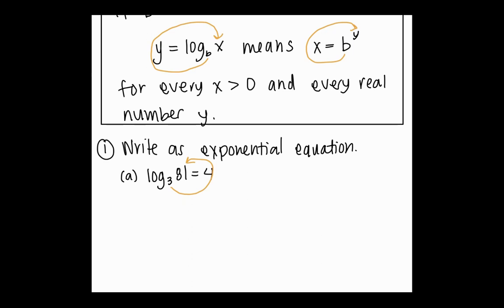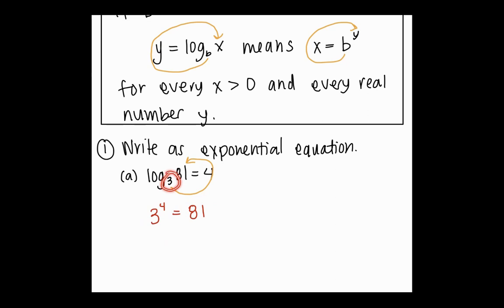This is the same thing as 3 to the 4 equals 81. Is that true? If I go 3 to the 4, is that equal to 81? Yes. If I had tried 3 to the 81 equals 4, is that right? No. If I had tried 4 to the 3 equals 81, that doesn't work. So that's the only one.